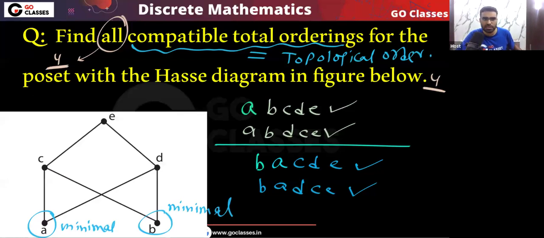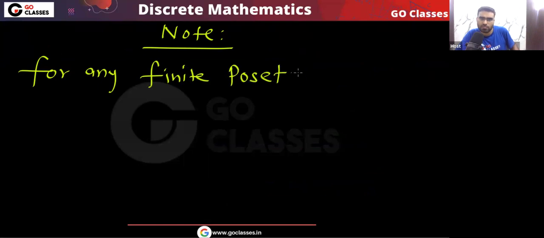Understood? Is this concept clear? Tell me. So very simple point. This is all you have to understand. This is the final conclusion: for any finite POSET P, two things are the same.